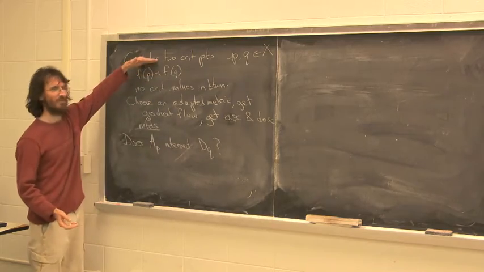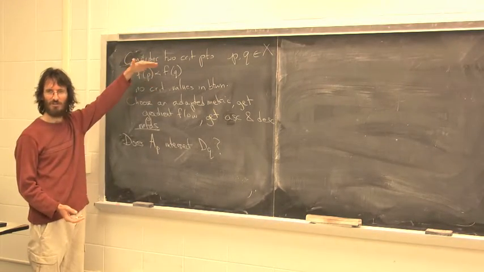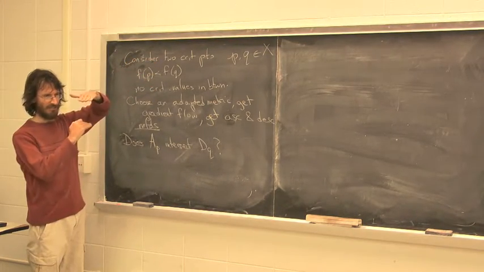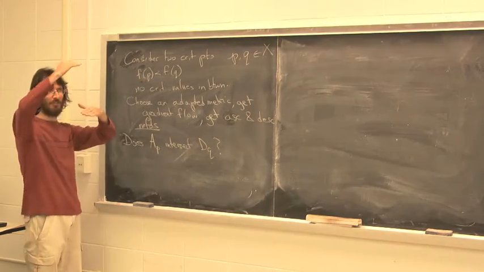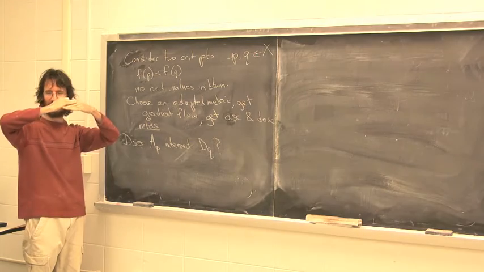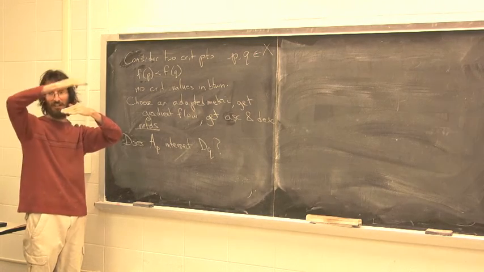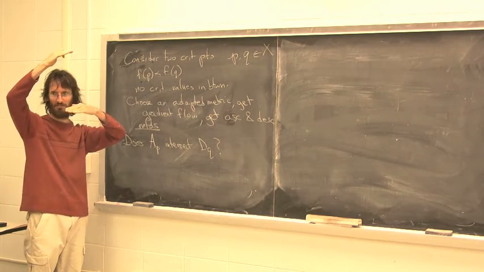So in between there's no critical values. In between there's no critical values, so from f of P plus epsilon up to f of Q minus epsilon, everything looks like a product. So if they intersect anywhere there, they intersect in a level set, and then the intersection persists.